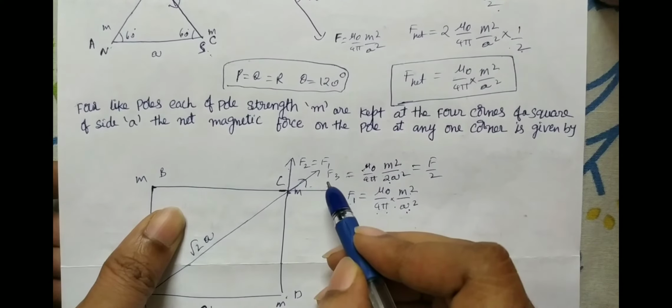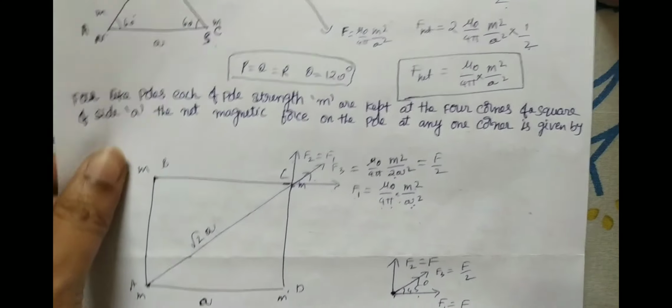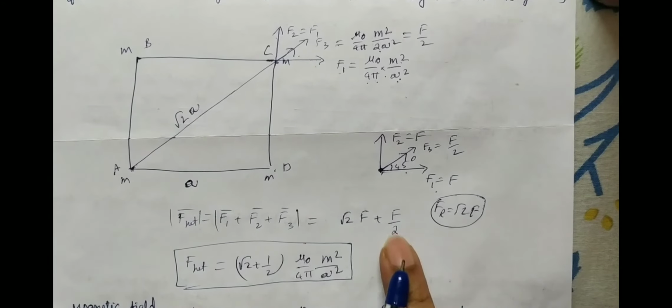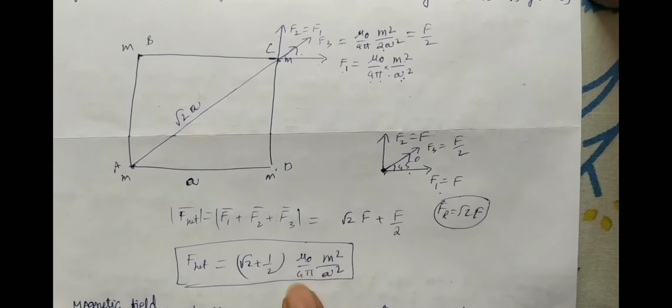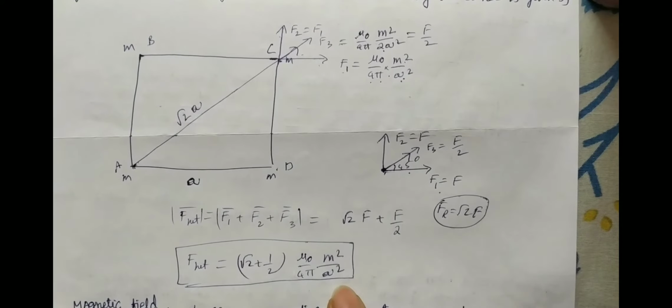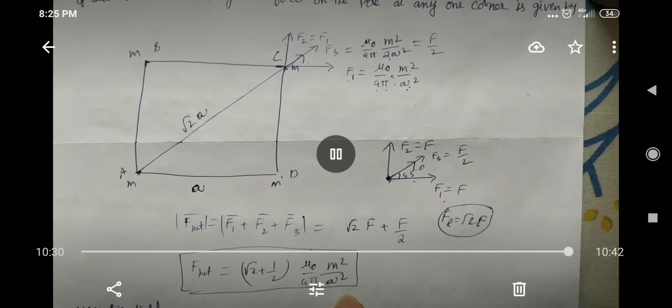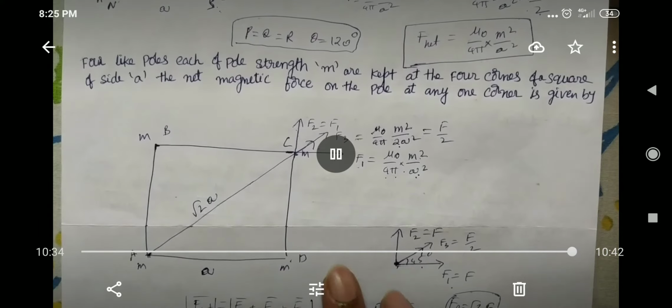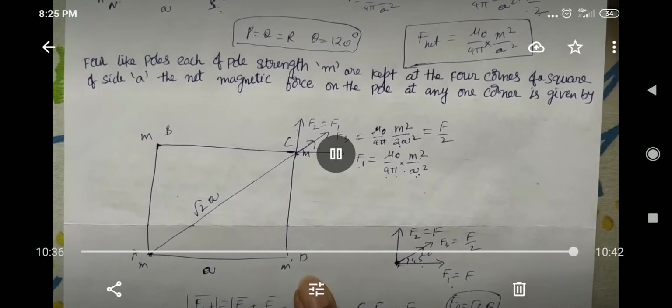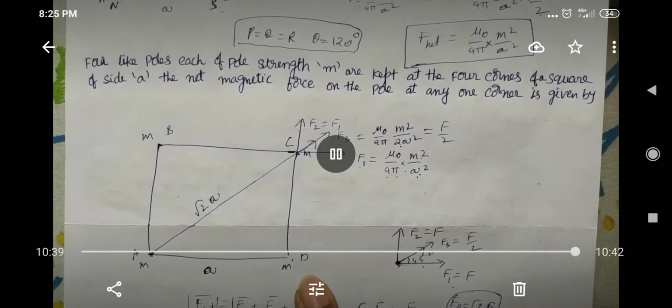Both are in the same direction, so you can add directly: root 2 F plus F by 2. In place of F, substitute the value mu naught by 4 pi m square by a square. This is the force acting on one of the poles when four identical poles are placed at the four corners of a square of side A.